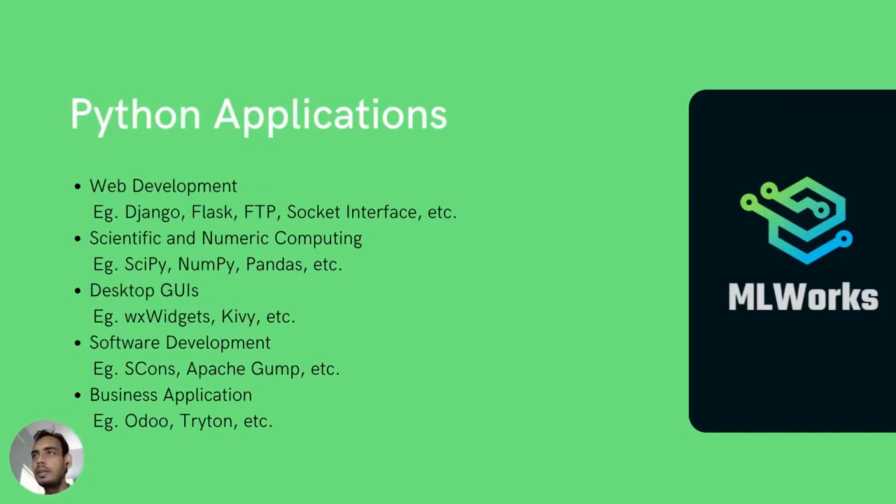For software development, like continuous integration and build processes, you can use Apache Gump. There are also business applications, like enterprise applications, which you can develop using Voodoo or Triton. Business or enterprise applications means things like billing or inventory management. All those kinds of applications can be built using these two libraries. There are other libraries as well.